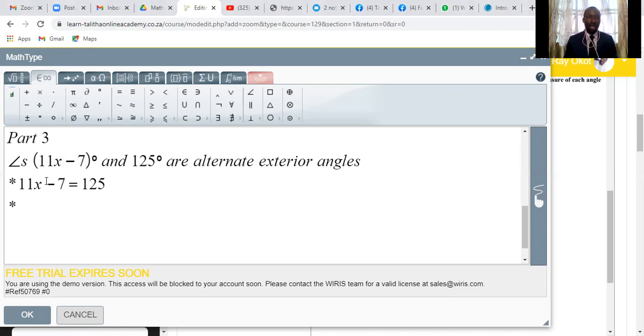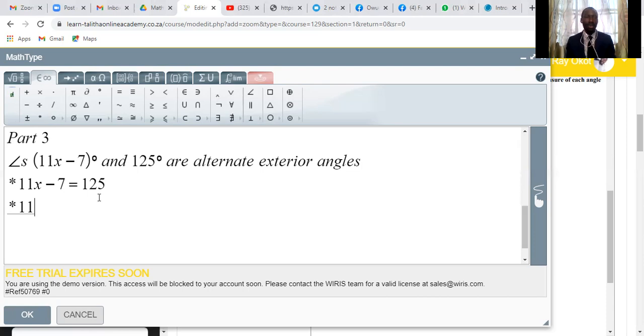Now, in the next step, we do what is called collection of like terms. With collection of like terms, we transfer 7 from the left-hand side to the right-hand side, because 7 and 125 are known as like terms. They don't have x attached to them. They can add together. They can be grouped together.